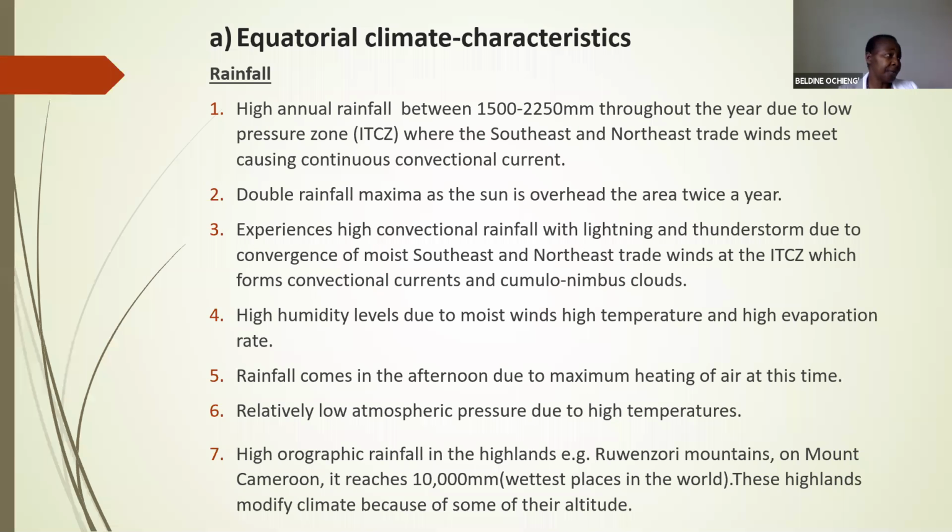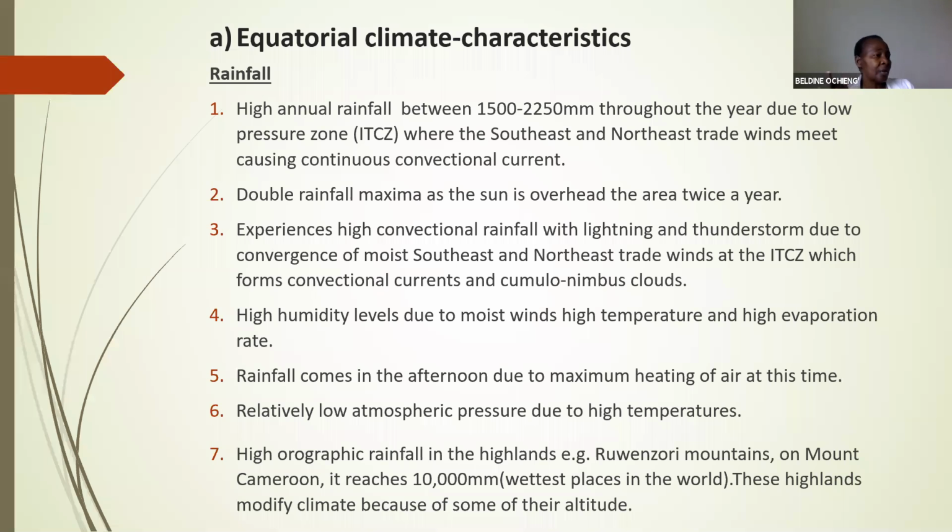Under rainfall, we have one, high rainfall between 1500 to 2250 millimeters throughout the year due to low pressure zone, ITCZ, where the southeast and northeast trade winds meet, causing continuous convectional currents.